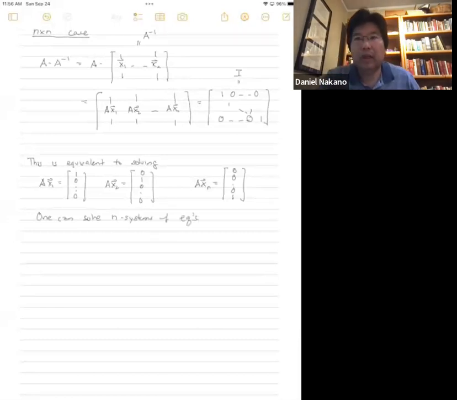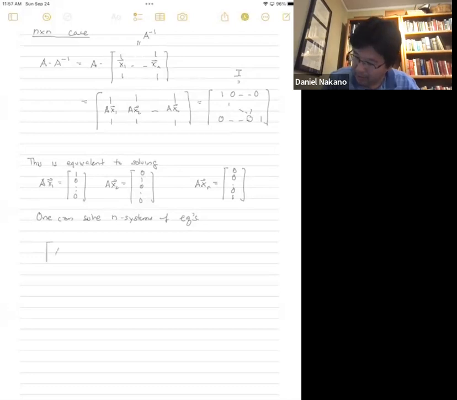Now that's all fine and dandy, but what we can try to do instead is do this all simultaneously. The way to do it simultaneously is, instead of writing A and then putting a line down there and B, we put the entire identity matrix there.